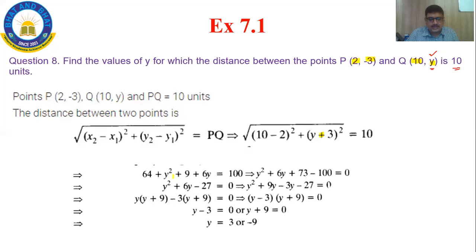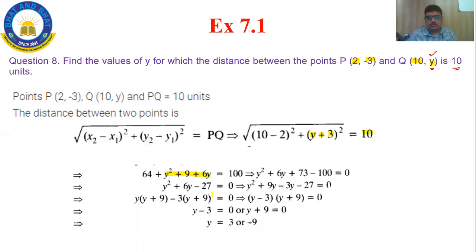I have to apply which formula? A plus b whole square formula, that is a square plus b square plus 2ab. So a square is y square, 3 square is 9, plus 2ab, 2 into y into 3 is nothing but 6y, is equal to the square of 10, which is 100.